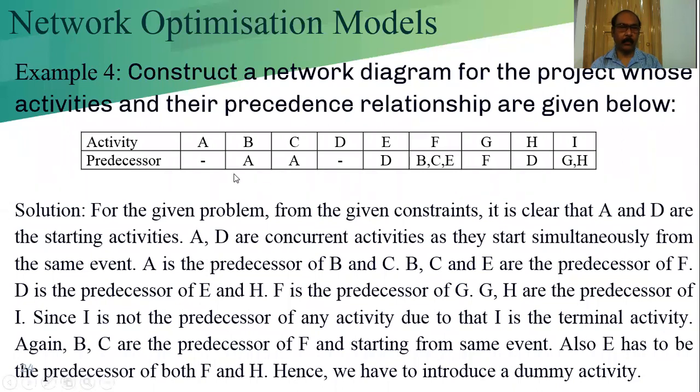After drawing the first part, we can find out where we have to introduce the dummy activity. But if it is not required, we should not enter the dummy activity. When it is not possible to complete the network diagram without the dummy activity, at that time we have to introduce it.